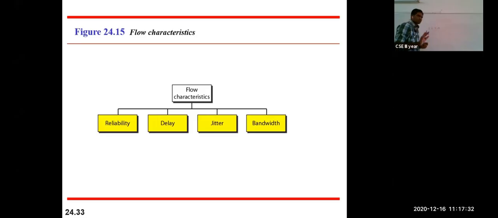All of them are sent at once. But at the destination, 1 is received after 20 milliseconds, 2 is received after 28 milliseconds, 3 is received after 20 milliseconds, same as 1, and 4 is received after 22 milliseconds.